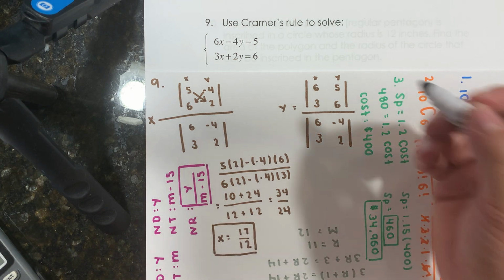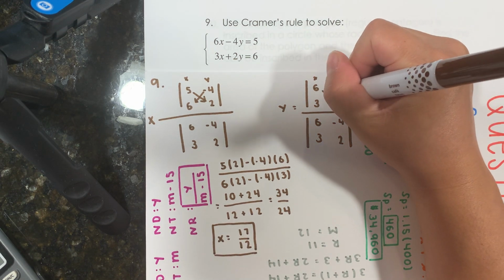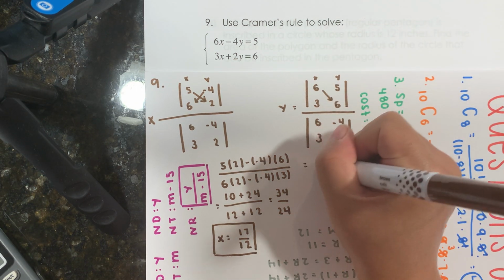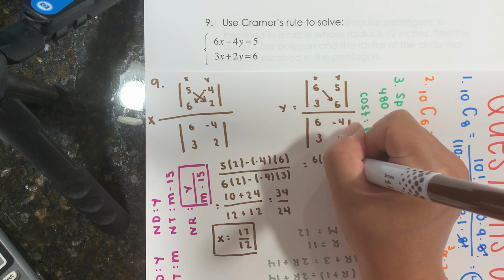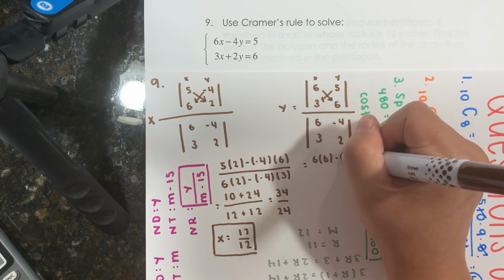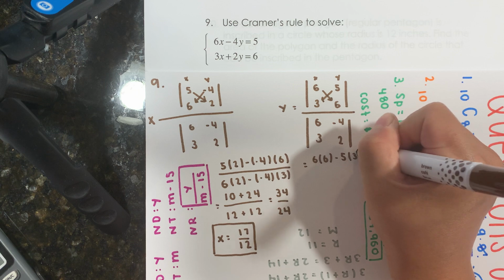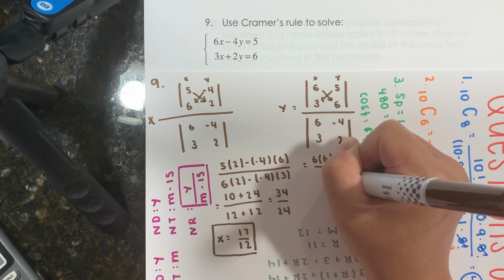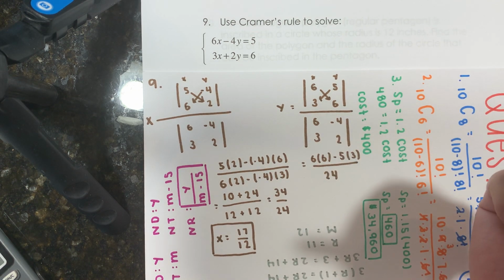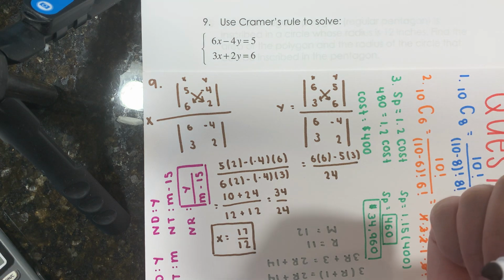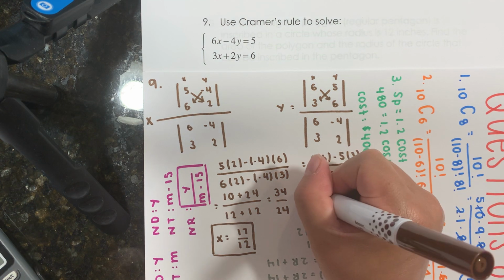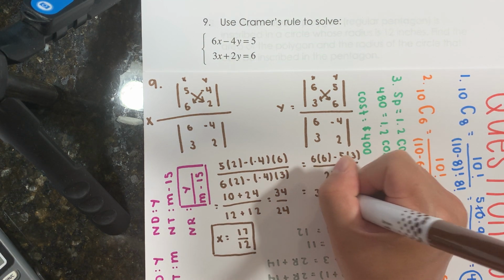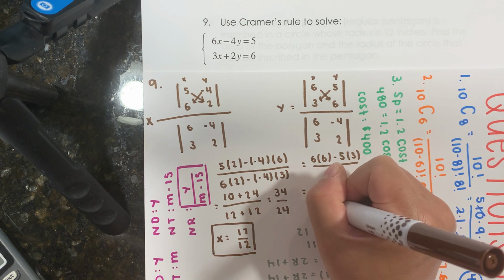Now for the second part, I just need to evaluate the top. So I'm going to do 6 times 6 minus 5 times 3, and that's going to be over 24 because I've already evaluated the denominator. So we get 36 minus 15 over 24.